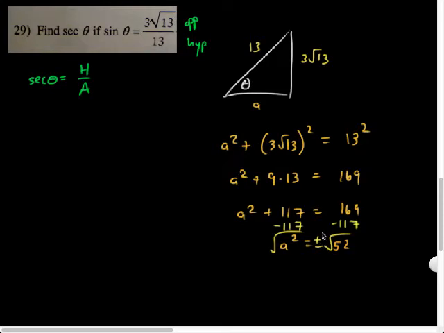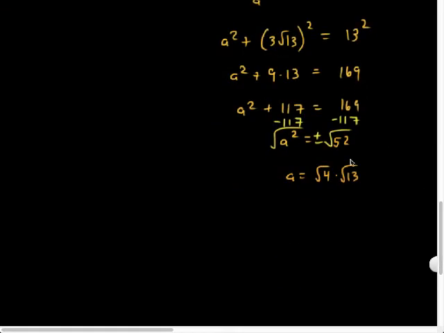Technically, I'd have to put a plus or minus, but because this is a dimension, a distance, I'm anticipating this is going to be positive. So A is equal to the square root of 52. 4 goes into that, which is a perfect square, and it goes in, I believe, 13 times, right? 4 suits of 13 in a deck of 52. That's how I always remember those factors. So A is equal to the square root of 4 is 2, so 2 square roots of 13.